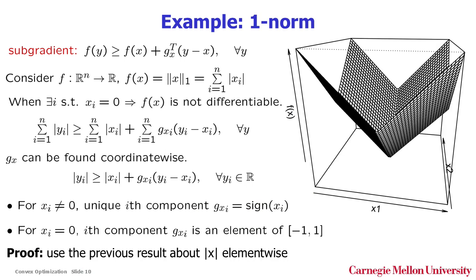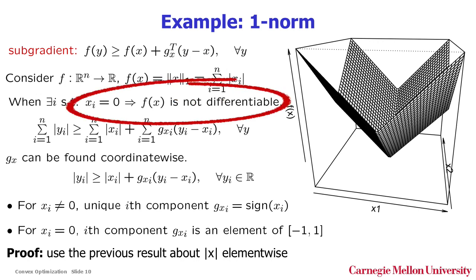Now that we know the subgradient of the absolute value function, we can calculate the subgradient of the one norm. The one norm of x is just the sum of the absolute values of the coordinates of x. Since this is just the sum of the absolute values of the coordinates, we can see that if one of the coordinates is 0, then f of x is not differentiable at that point.